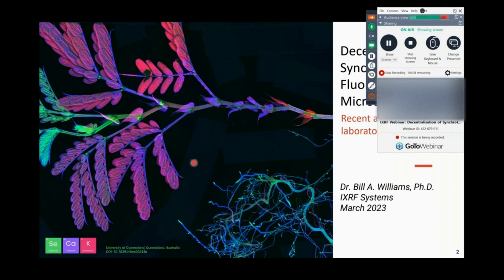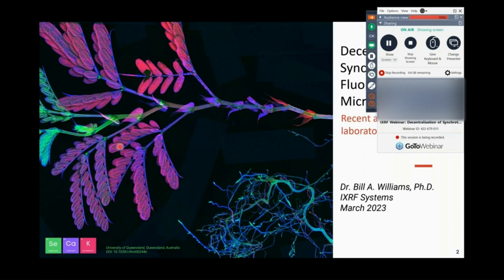And you can see the exquisite detail of where selenium in green, calcium in purple, and potassium in this pinkish red are located within these different plant structures. And the brighter the given color, the more intense or concentrated that given element is within that region.